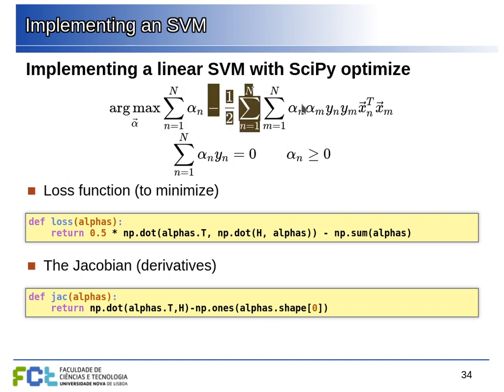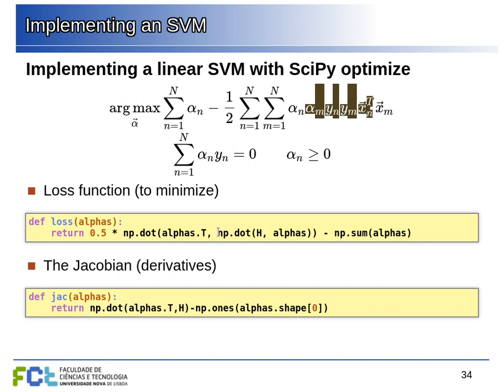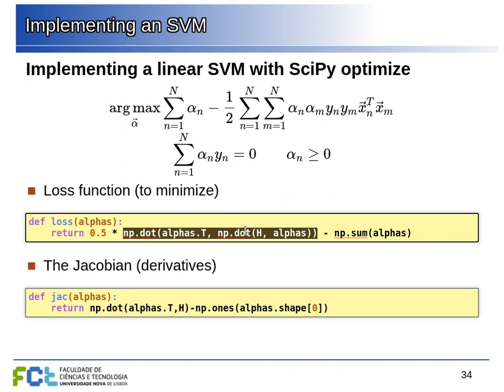So this one becomes positive, and this would be the dot product of the alphas and the dot product of the alphas and the H matrix. We can do it like this in two steps, and all these sums will be made automatically because we are using matrix multiplication here.